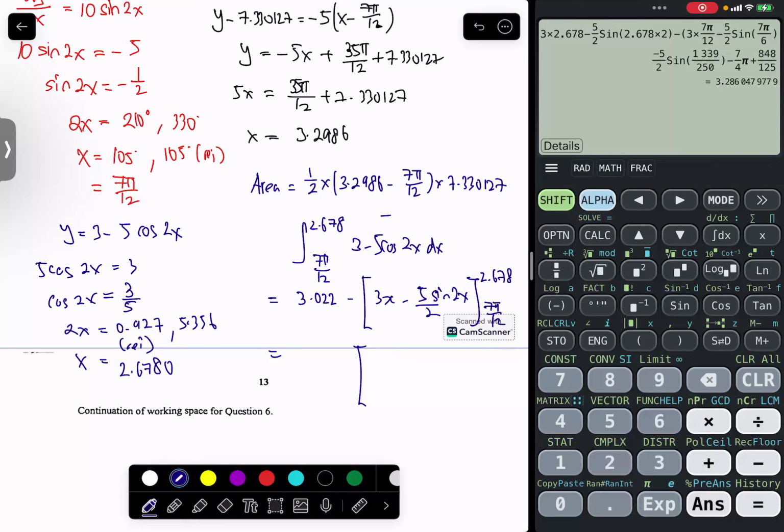Okay, so this is 3.286, the final value. This one should not be 3.02, because it's too small. Let's try again.